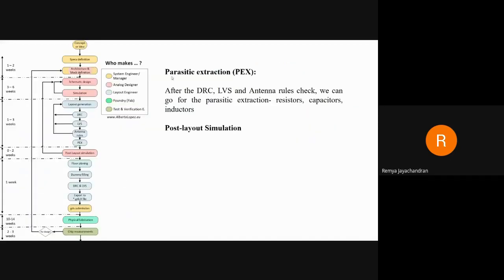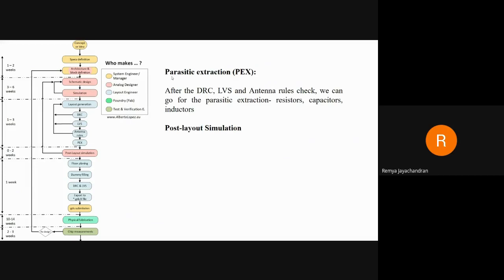Then we can go for the parasitic extraction. In the same tool itself, we can do the PEX run, using Calibre. That will generate the parasitic components from the layout, that is the resistors, capacitors.